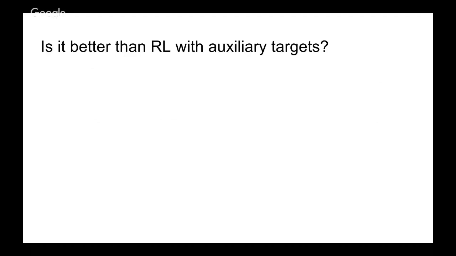In some sense it is auxiliary targets. By auxiliary targets, I guess you're referring to the Unreal paper by DeepMind. Okay, yeah. There you have other targets, but it doesn't make sense to be optimizing them in any way. You're just regressing and using it to learn features.